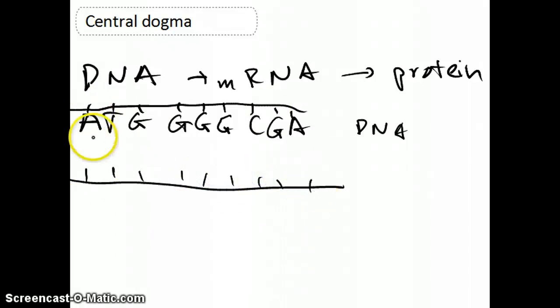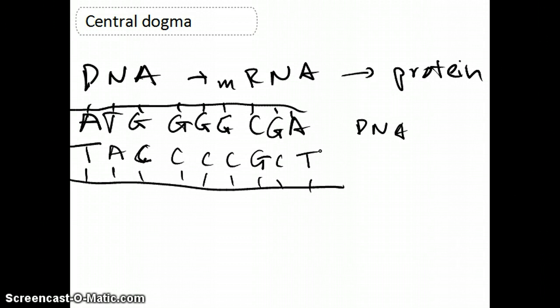So A complements T, T complements A, G complements C, G, C, C, C, and then C complements G, like so.